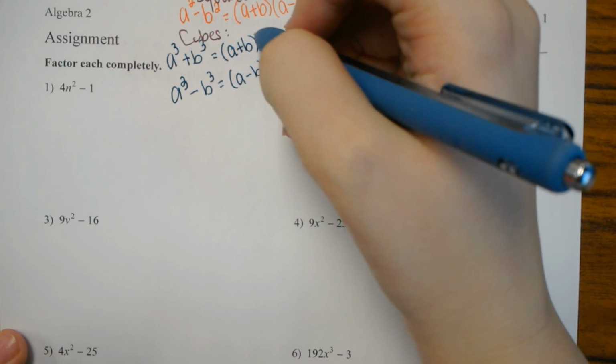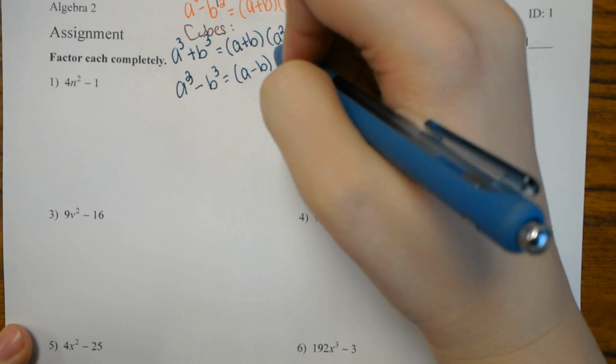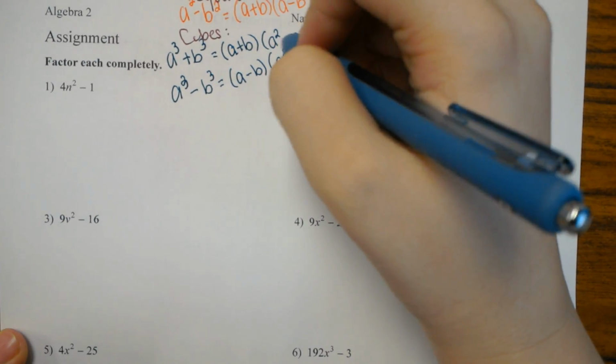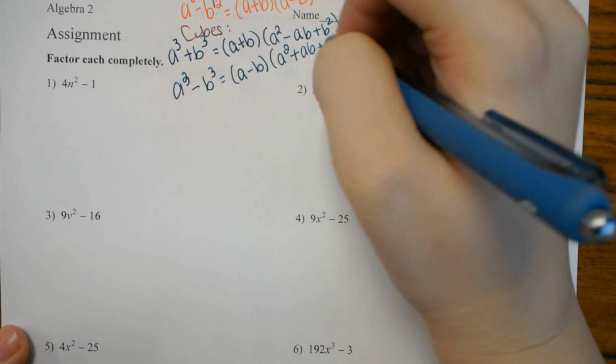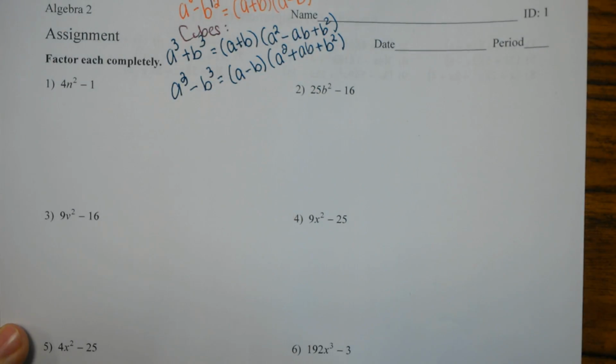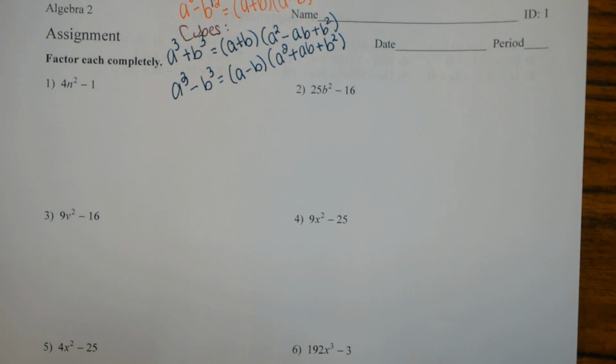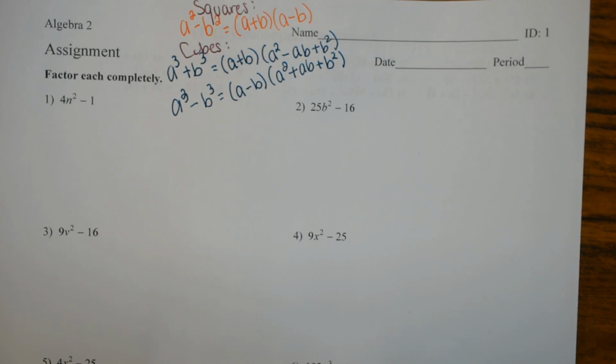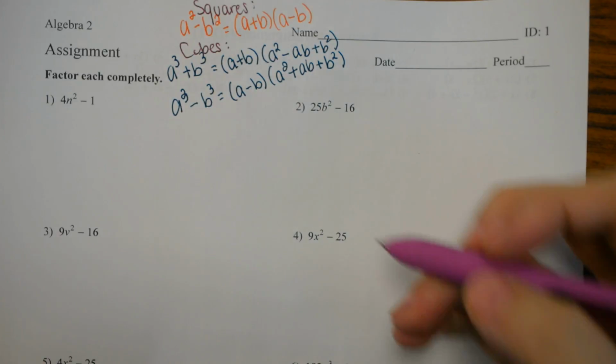When you're subtracting, it's similar. You just have a minus and the plus switch places. And these equations will be given to you on a test. So all I gotta do is learn how to use them, not memorize them.